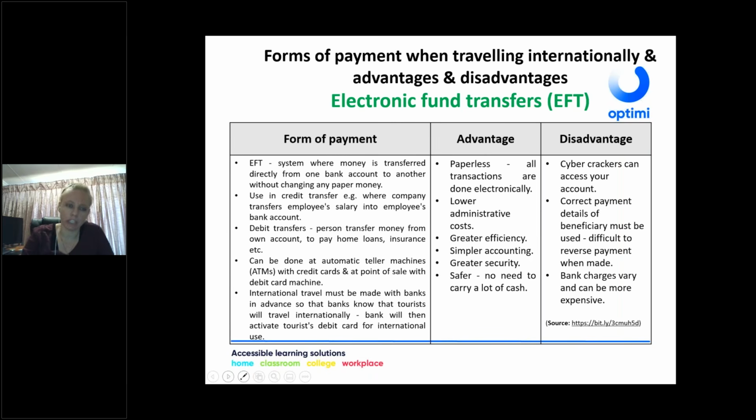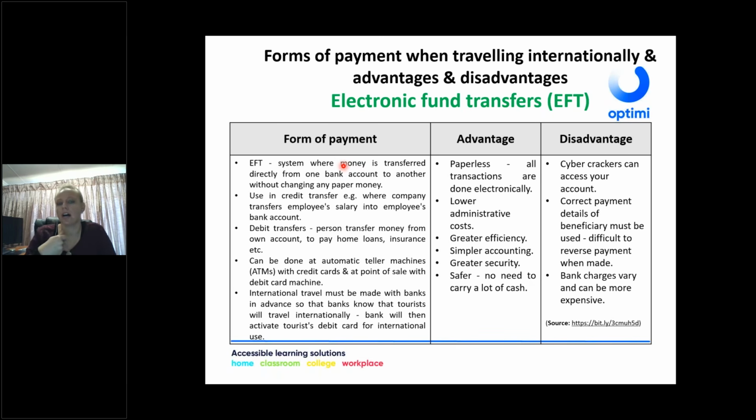Let's quickly look at what an EFT is. An EFT is a system where money is transferred directly from one bank to another without exchanging any paper money. So it's basically when you go onto your computer, say for instance you have an account with ABSA, you go onto ABSA and create, for example, a beneficiary.